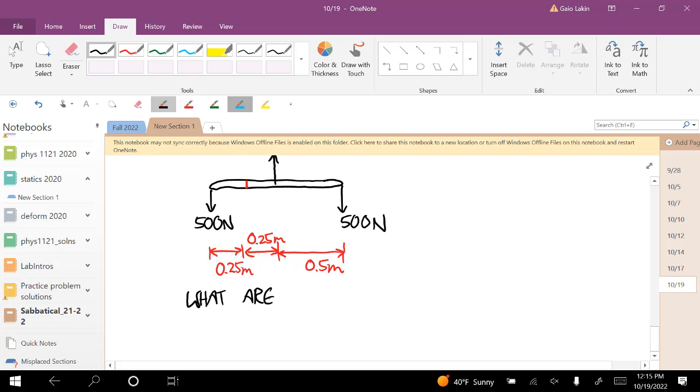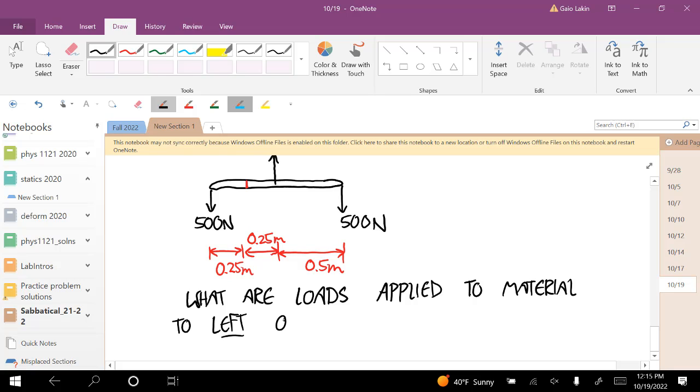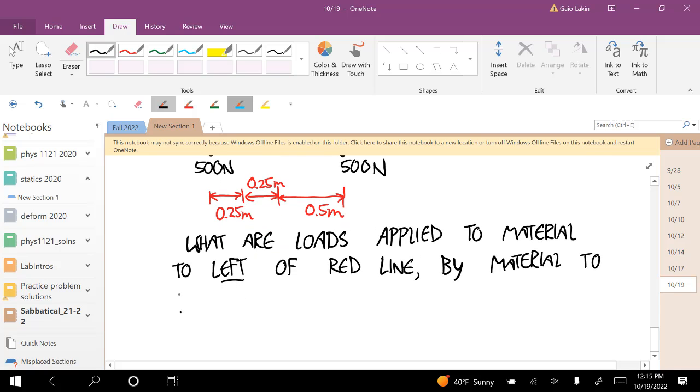And we want to know what are the loads applied to the material to the left of the red line by the material to the right of the red line.